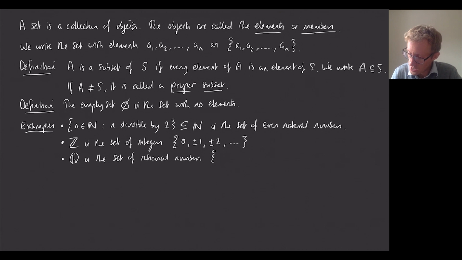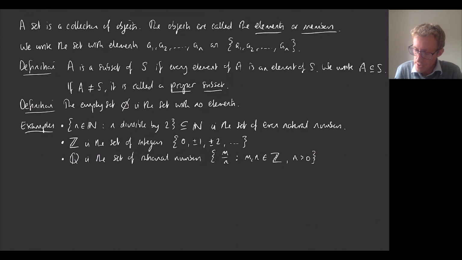So I can write that as the set of m over n such that m and n are integers. I should say Z, otherwise I can't get negative numbers. And I just need to be careful that I don't divide by 0 there. So let me say n is greater than 0. So that's the set of rational numbers.